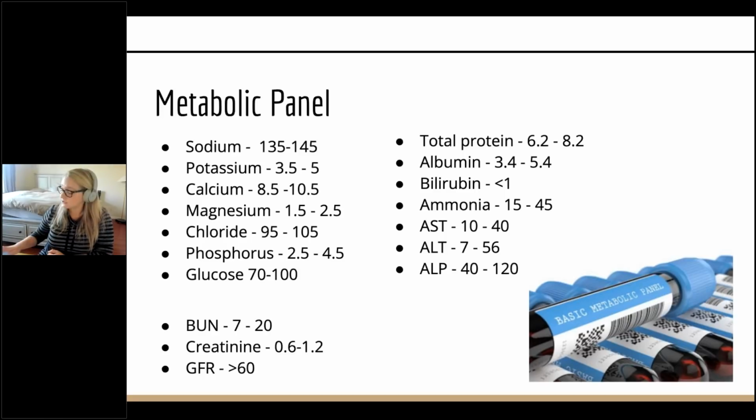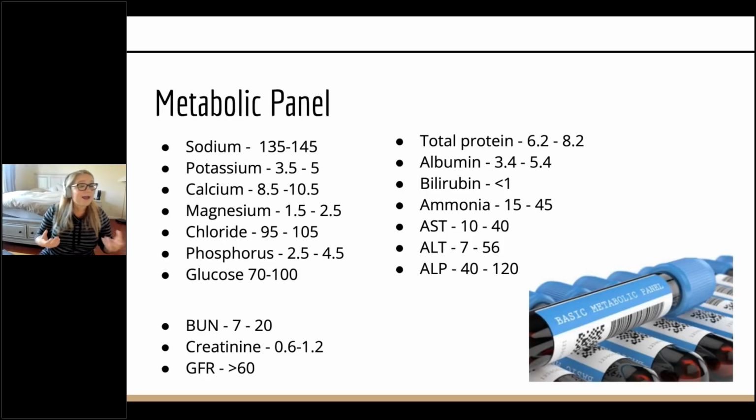Now, the last 3 are what people refer to as your liver function tests, your LFTs. And it's composed of 3 different enzymes that are found in the liver, and they're supposed to be pretty low. As we have damage to our liver, hepatitis, cirrhosis, they start to elevate. Your AST, that first one, aspartate aminotransferase.